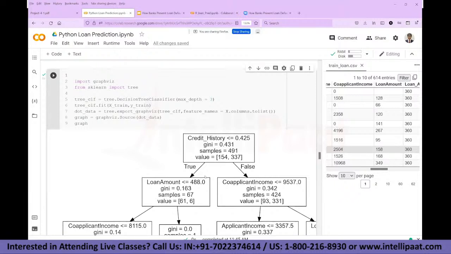There's a certain formula used to calculate the Gini index, and it tries to calculate the information gain. These are technical terms you use while learning decision tree classifiers. Right now, I'll just give you an overview only and won't go much into detail.